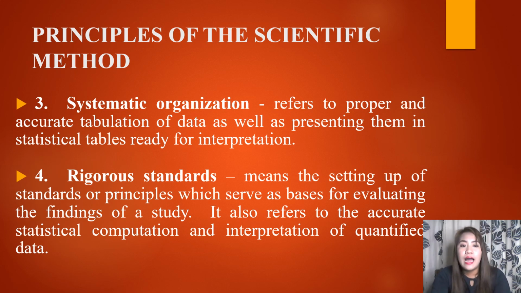And another is systematic organization. It refers to proper and accurate tabulation of data as well as presenting them in statistical tables ready for interpretation. It is systematic because there is a definite set of procedures and steps which you need to follow.